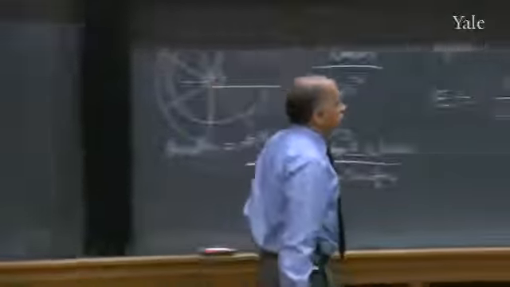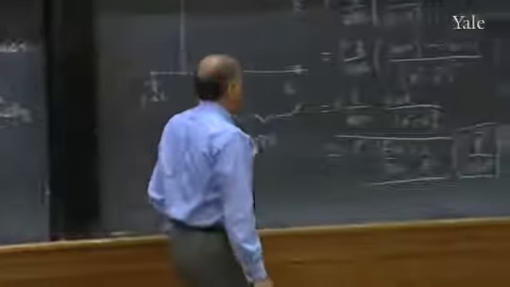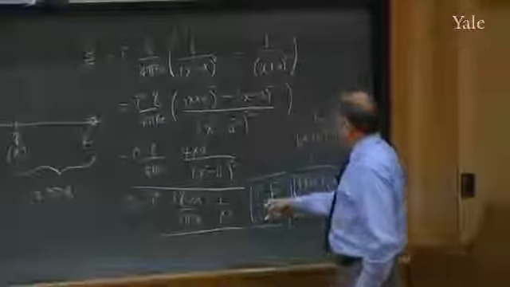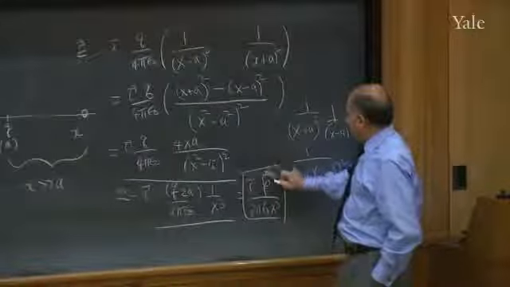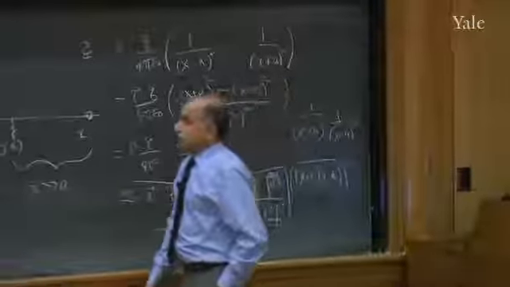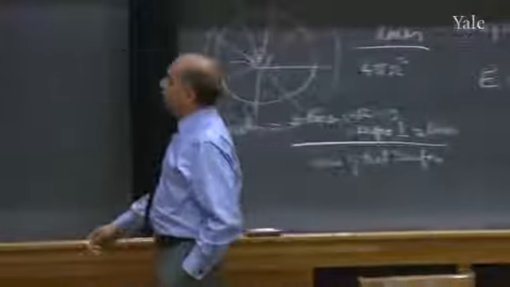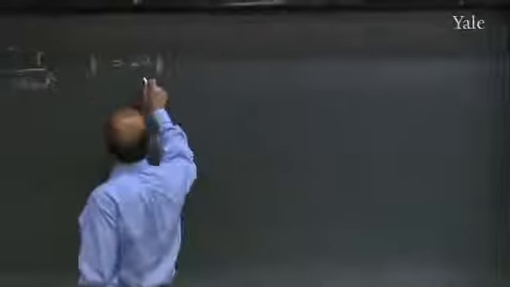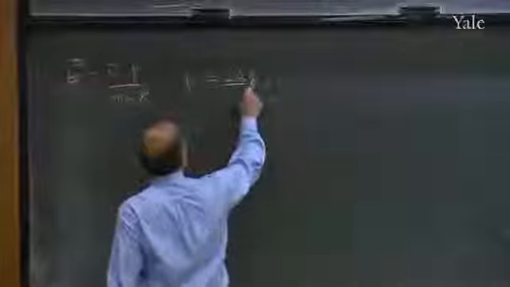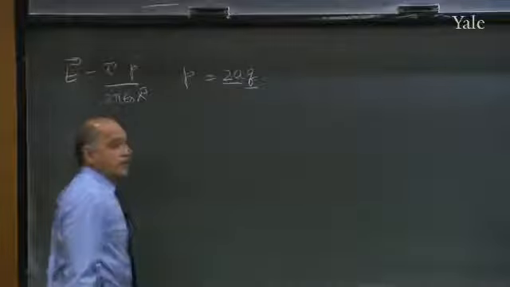So let's delete some extra arrows I had. That's right. You never should settle for something that looks like that. So that's P. So P is called the dipole moment of this dipole. And it's given by the product of the distance between the charges and the value of one of the charges, the plus charge.